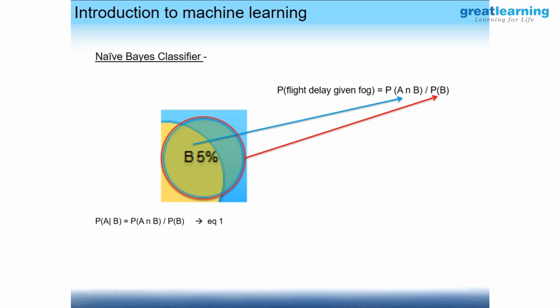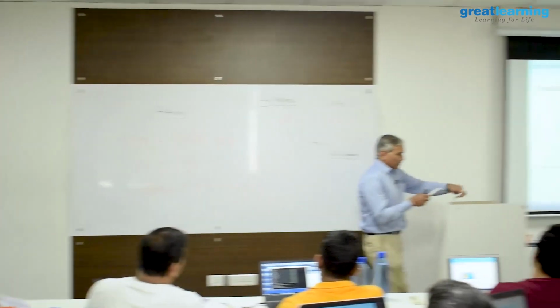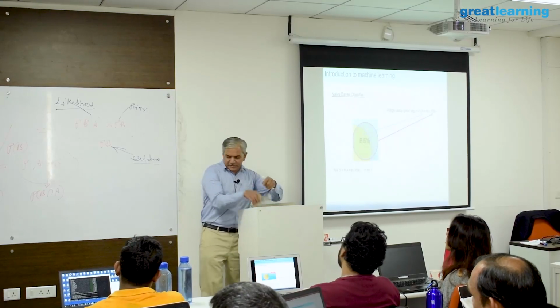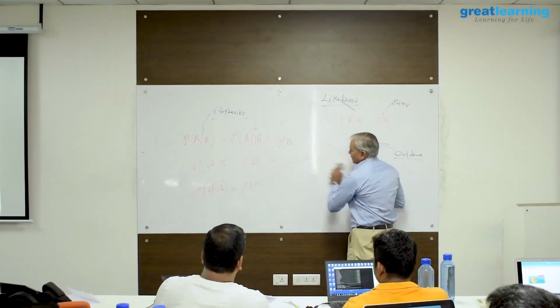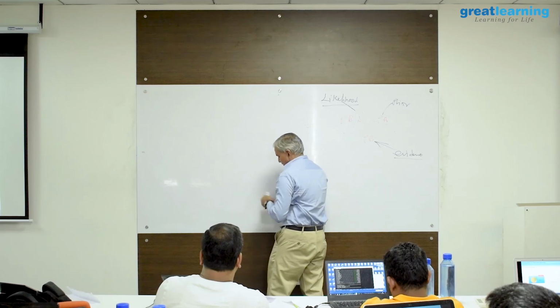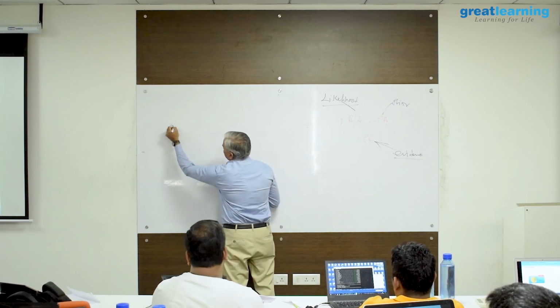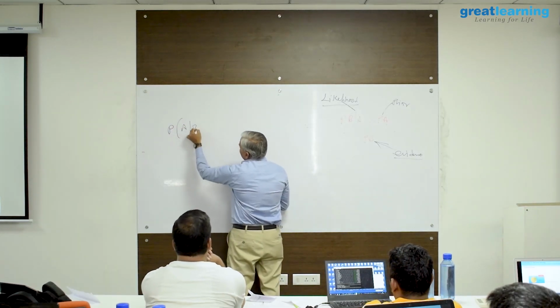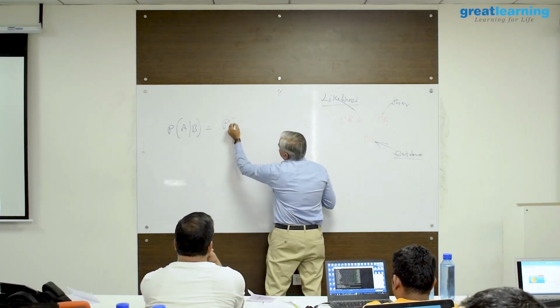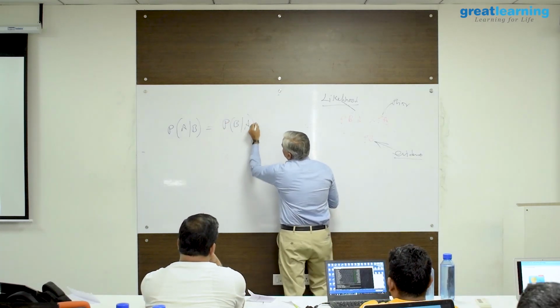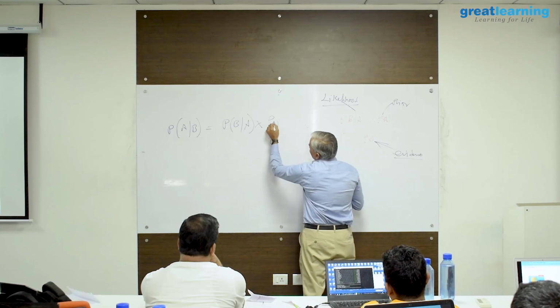Yeah, this one will give you that. That reminds me. Before I move on, when you read about these algorithms in books and articles, you need to be slightly careful. Let me explain what the problem is. The probability of A given B is equal to probability of B given A into P(A) by P(B).